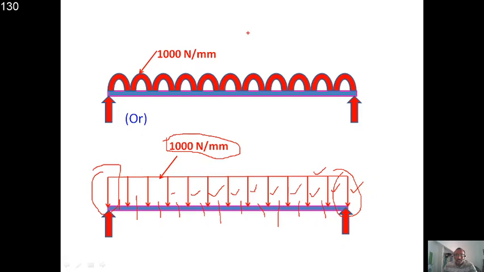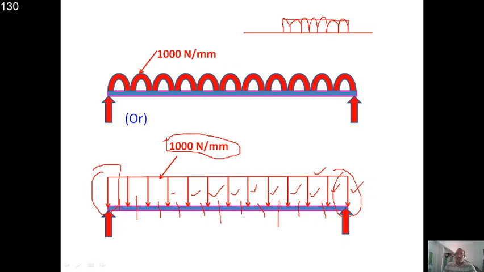Let us assume a UDL is placed like this, even though the shapes are different, just assume that up to this point all are equal.